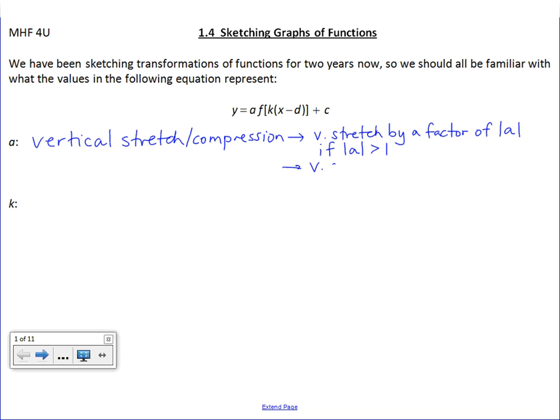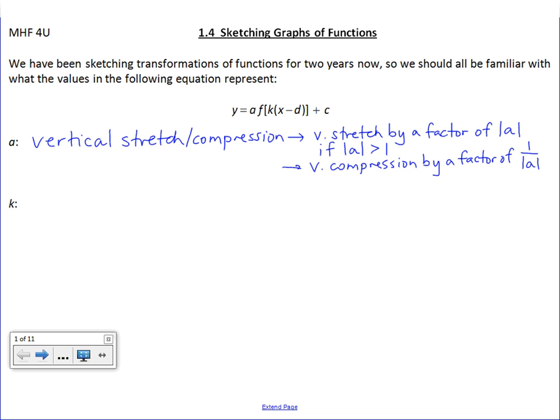You have a vertical compression by a factor of, now this is where I differ from the book, and we had a brief conversation about this. So I'm just going to go for what I'm expecting.